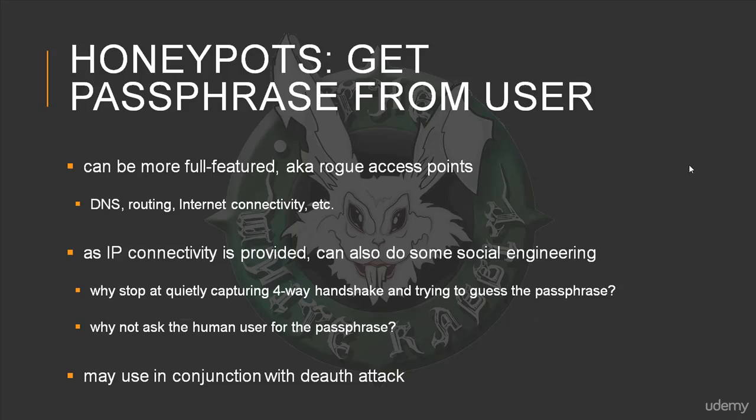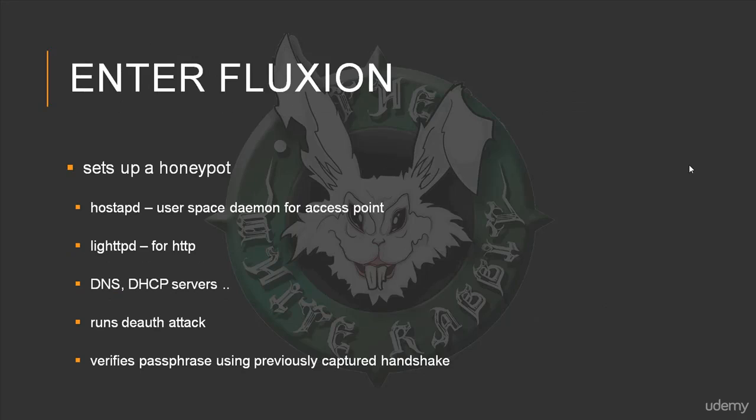So is there a package that includes these things that we were just talking about? And yes, there is indeed. That's where we come to Fluxion. Fluxion sets up a honeypot with these various features of access points, so it can become a more regular, full-fledged access point.